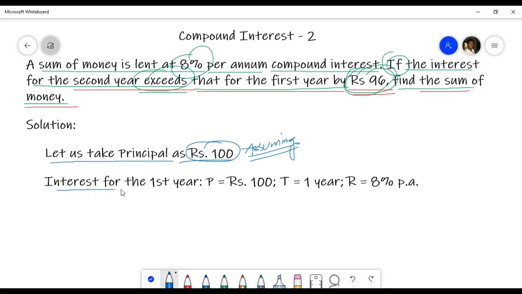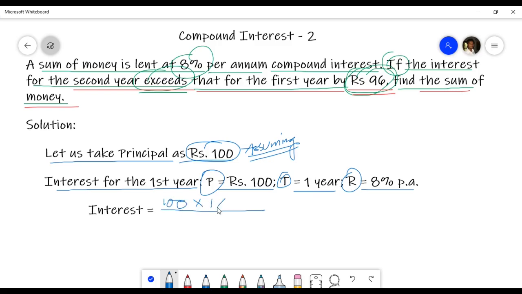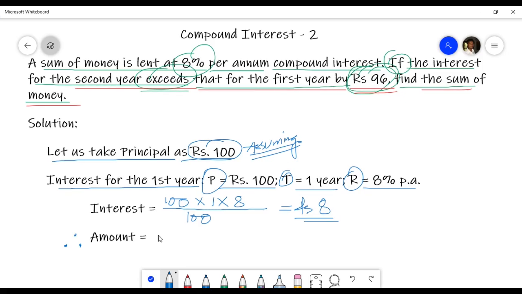Now we'll find the interest for the first year. As we have assumed the principal to be rupees 100, time 1 year and rate as given in the question is 8% per annum, we will find the interest using the formula PTR by 100. We'll just replace the values. After calculating, we get the interest as rupees 8.